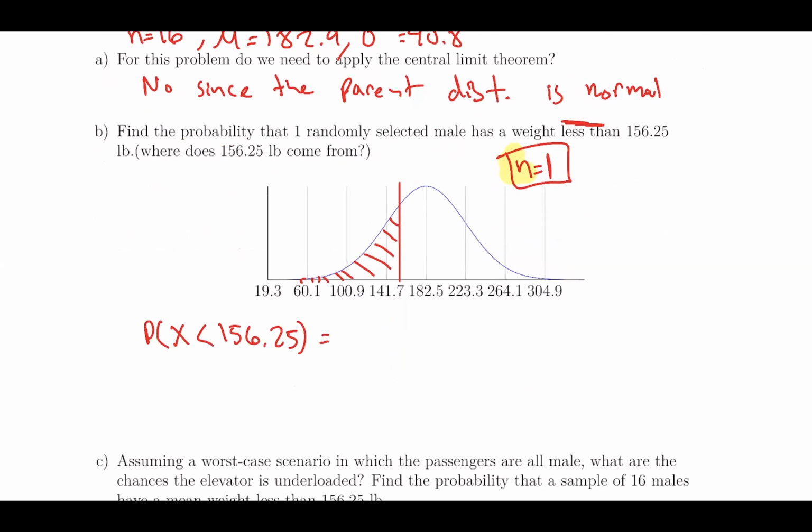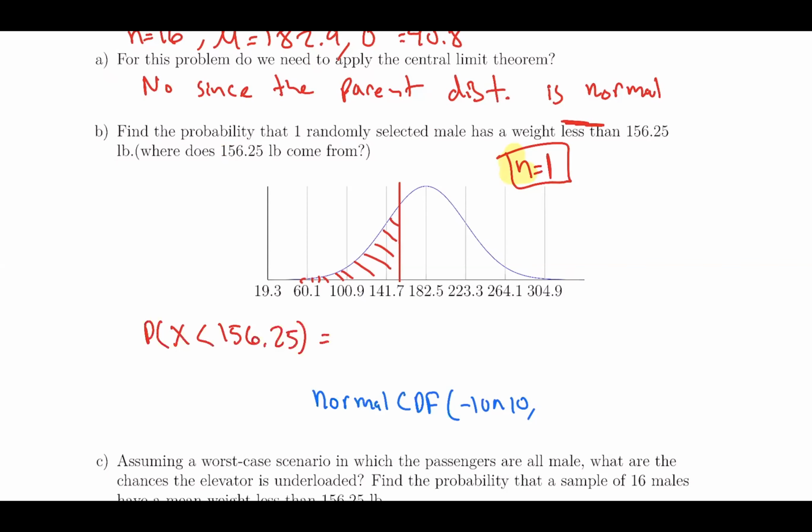So in order to find this probability, we're going to do normal CDF. So for this one, what's my lower bound? Negative 10 to the 10 power. Even though it sounds ridiculous to say somebody could be negative infinity in pounds, you still put it because we don't really know where to cut it off. So you put negative infinity, you have to make it easy.